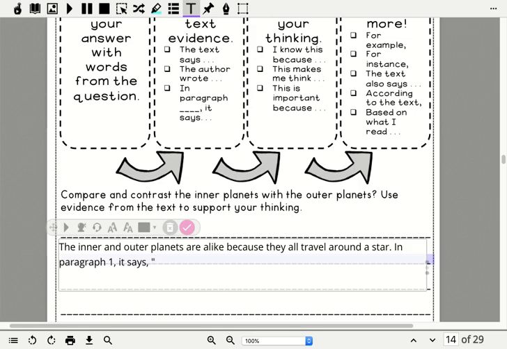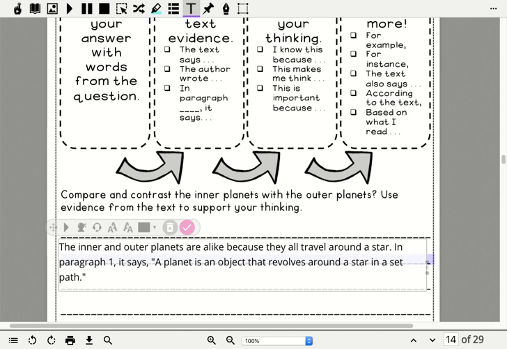Let's use the sentence that's smack in the middle of that. It says a planet is an object that revolves around a star in a set path. Okay, so that helps us answer how they are alike.